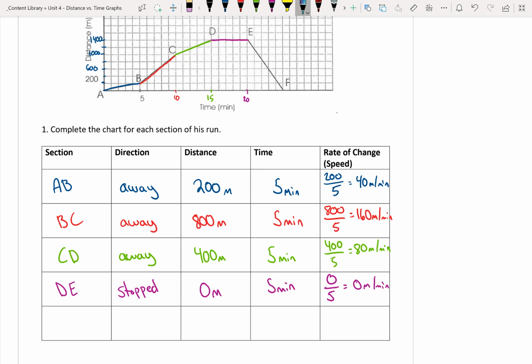And then finally, the last section, E to F. Our direction is towards, because the line is now down, so we're running towards our reference point, or in this case, we're running home. Our distance, we're at 1,400 and we go to 0. So it's a distance traveled of negative 1,400 meters. Our time goes from 20 to 25.